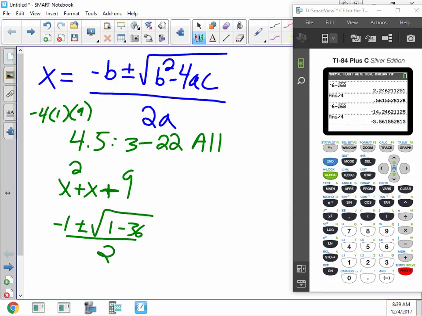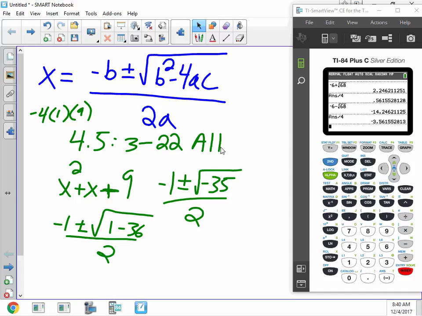Okay, this is quite important because this will happen to you today. So, what is 1 minus 36? Negative 35. I have negative 1 plus or minus the square root of negative 35 over 2.